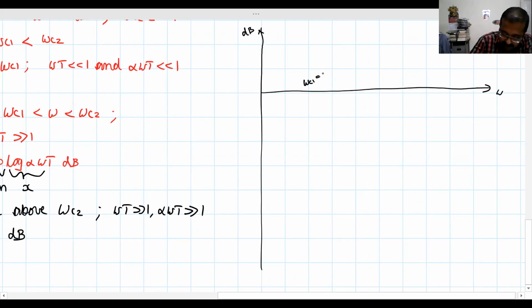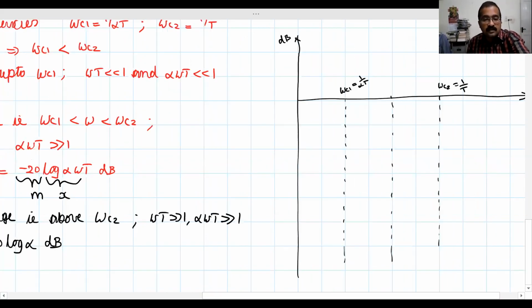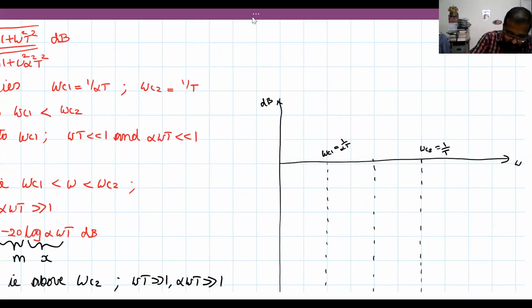Omega C1 was 1 by alpha t, and this is omega C2, which is 1 by t. Now, what's the condition? In the low frequency region, it is a straight line at 0 dB. So this will be the Bode magnitude plot.